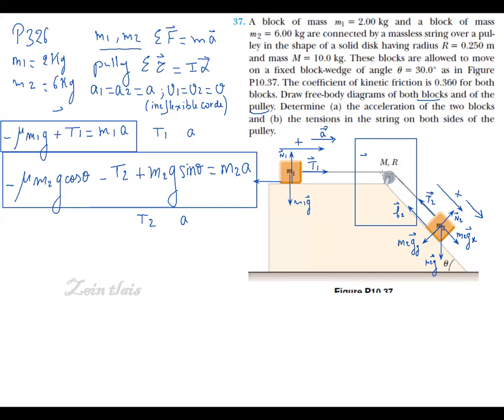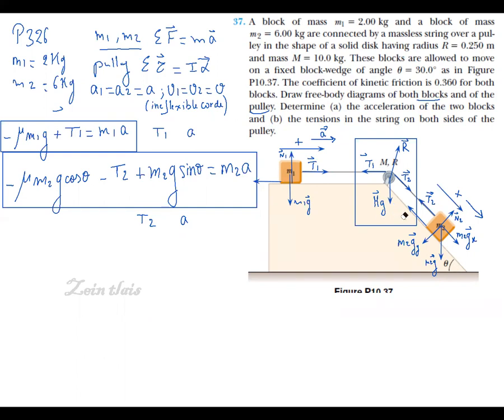Here, as you see, we have T1, we have T2, we have the weight, and we have the reaction. So T1, T2, R, and mg.